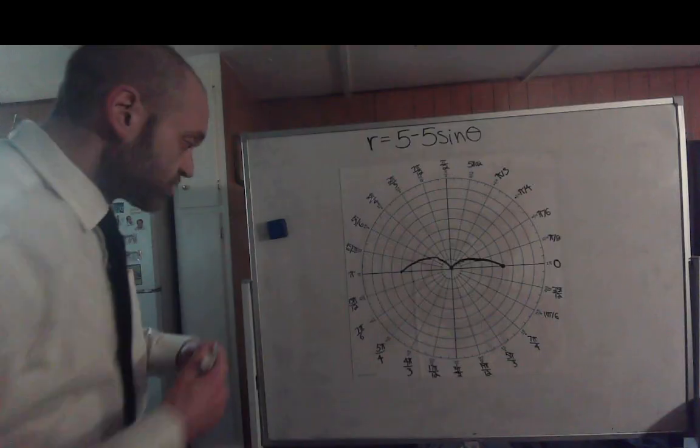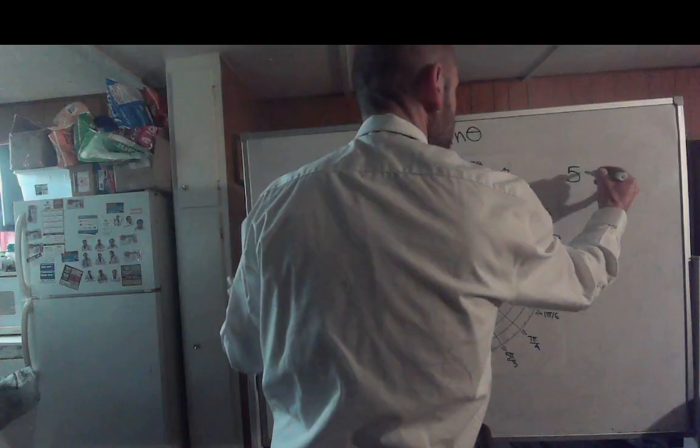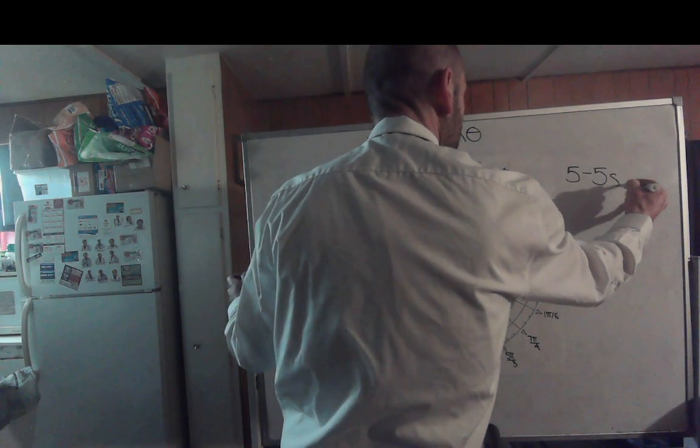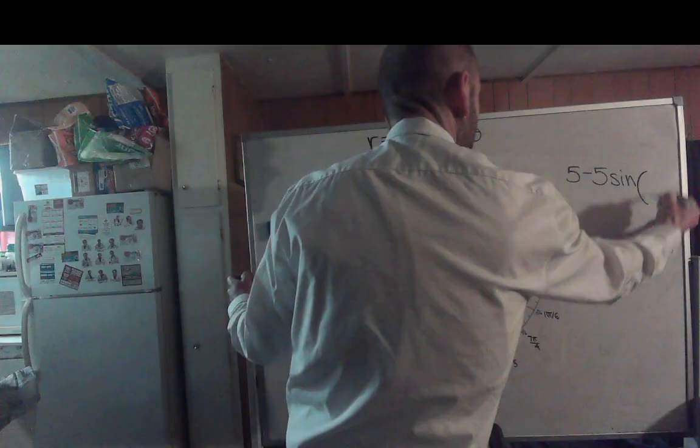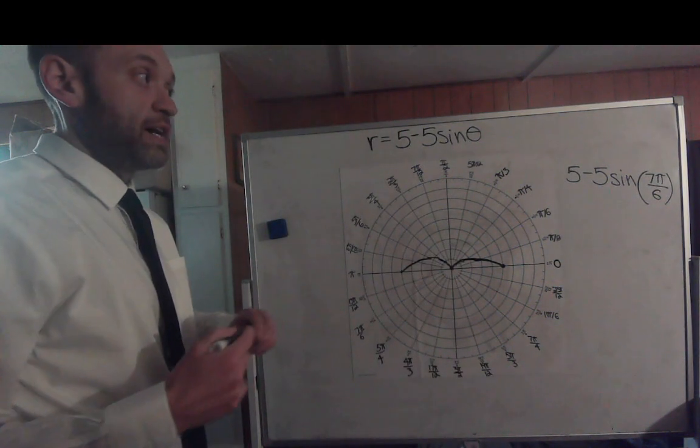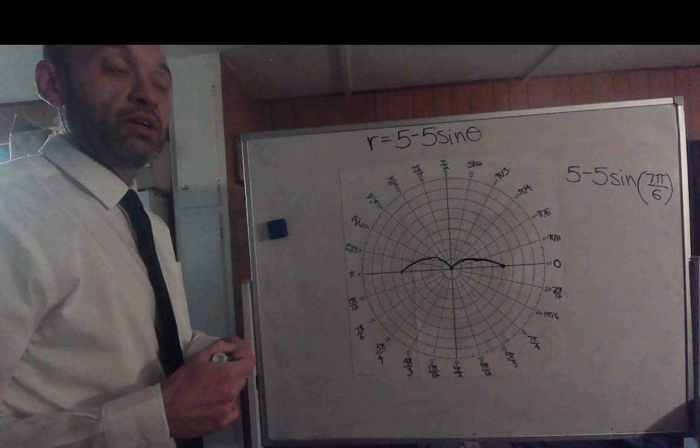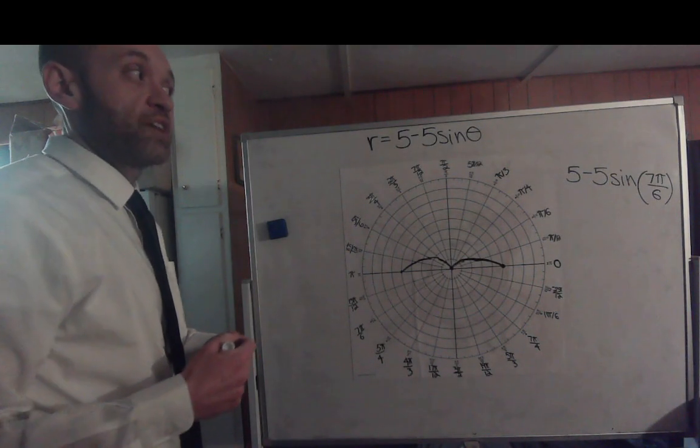So the next special angle is 7 pi over 6. So we'll take 5 minus 5 times the sine of 7 pi over 6. Now we're in the third quadrant with 7 pi over 6. What does that mean? That means the sine's actually negative.